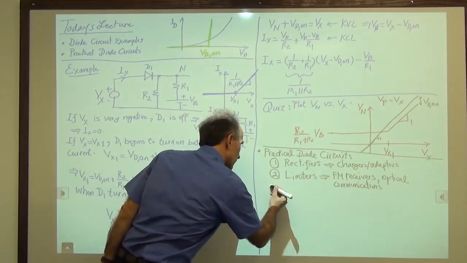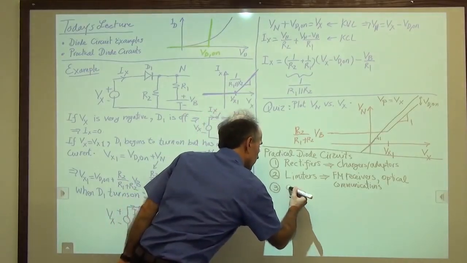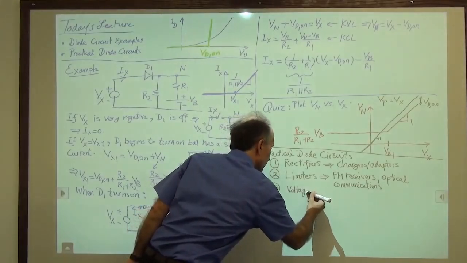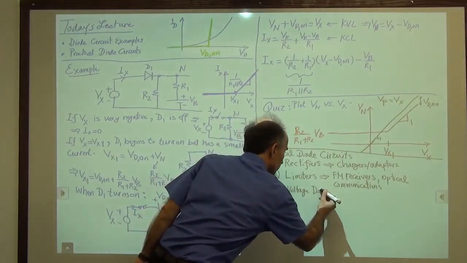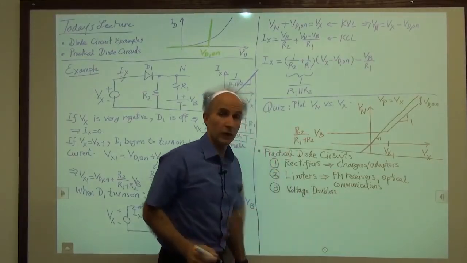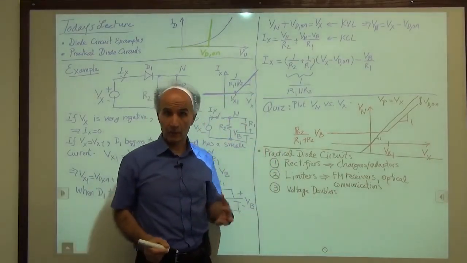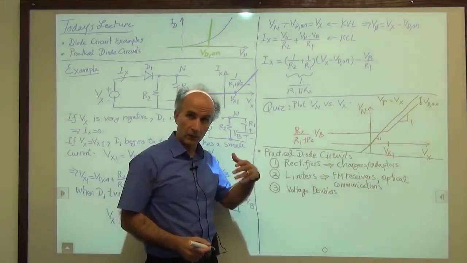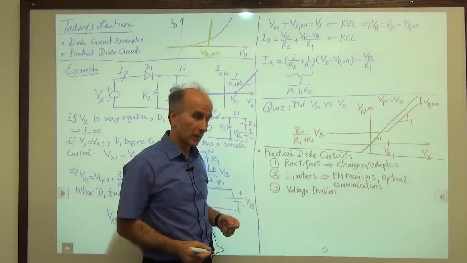Then we will also look at voltage doublers. Voltage doublers take a voltage and double it, as the name implies, approximately. And we can keep doubling, so we can increase the voltage.